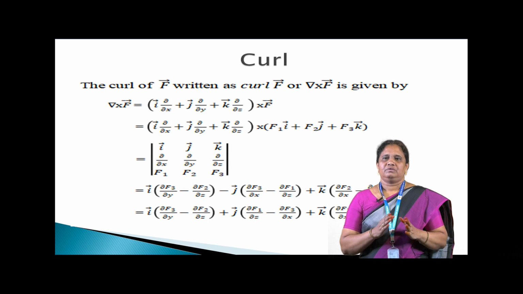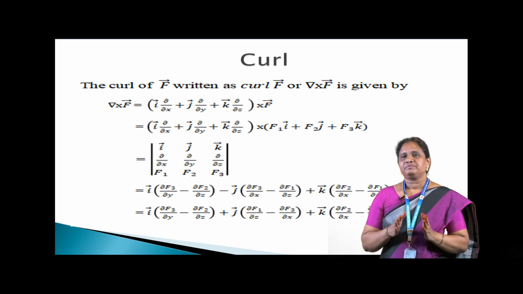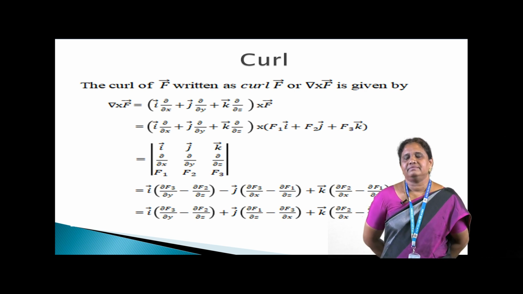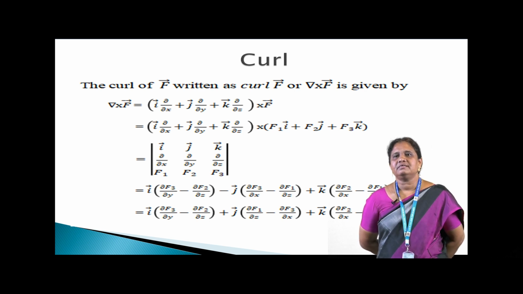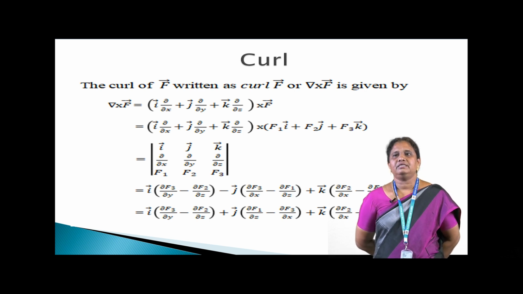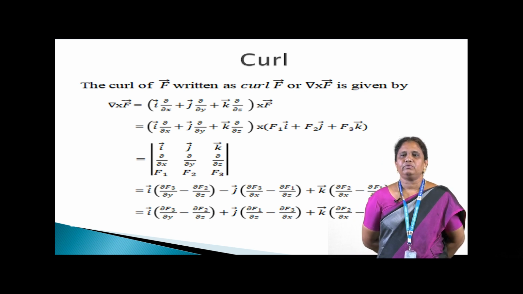We have to find the determinant, 3 cross 3, as 3 directions are given in the f vector. We have to find the determinant of a 3 cross 3 matrix, with the first row as i, j, k, the second row as dou by dou x, dou by dou y, dou by dou z, and the third row as the coefficients of the f vector, that is f1, f2, f3.